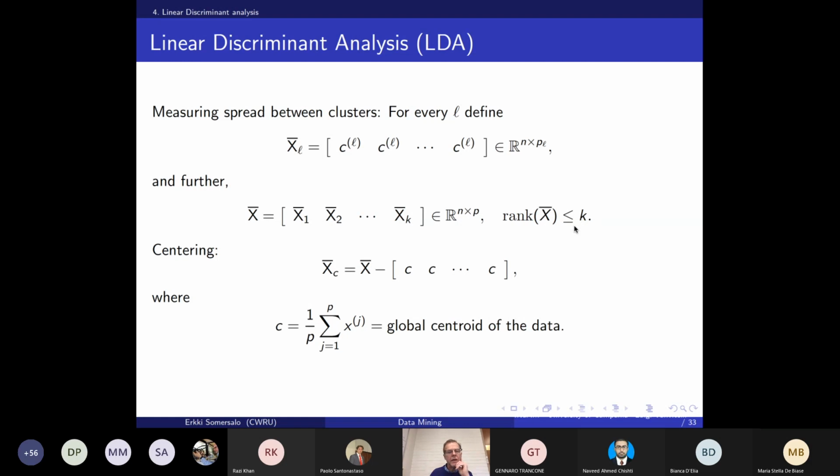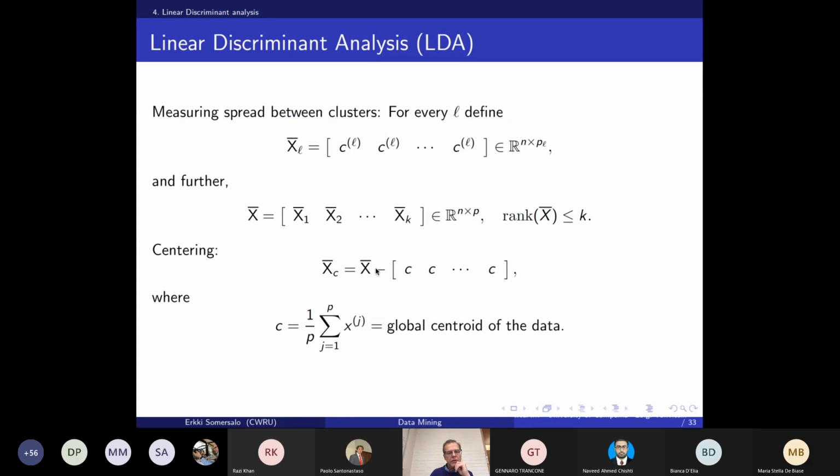And so then I'm doing the centering of this matrix. I'm defining X̄C to be this low rank matrix X bar, and I'm subtracting the global centroid of the data. C is the global centroid of all the data. So I'm making a matrix where I'm repeating this global centroid, and then subtracting it from each column.